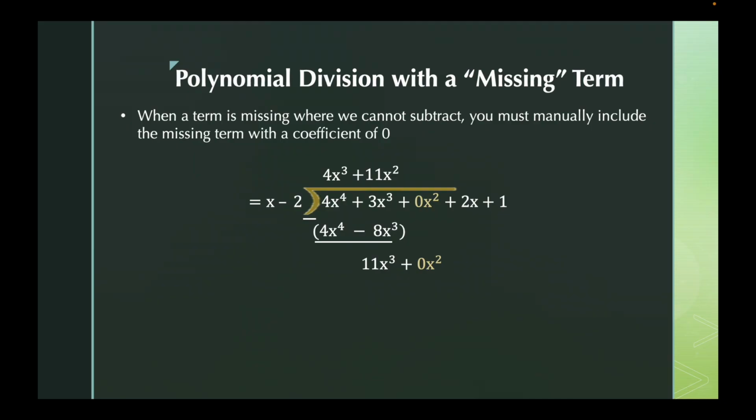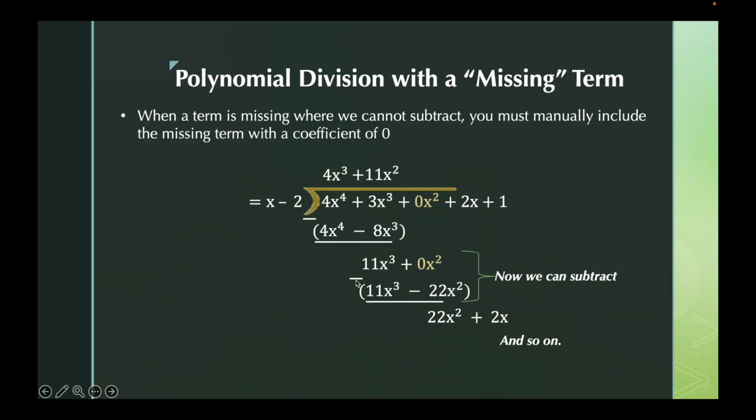Once I multiply my 11x squared into my binomial, now I am able to subtract because I have two like terms, x squareds, and then I'm going to again put my negative, distribute inside, and now I get positive 22x squared, and now I bring down my 22x, and then I can continue the polynomial long division, ask myself how many times does x go into 22x squared, and then multiply and subtract and so on. And the next term is a 1, so everything is in the right order and everything that is needed is in the polynomial.